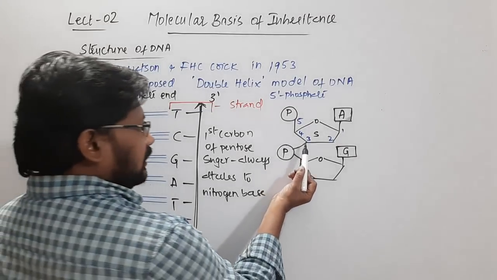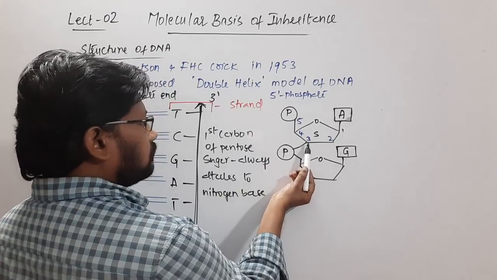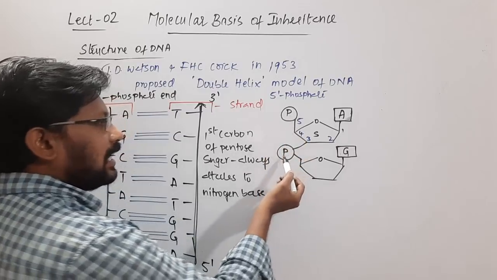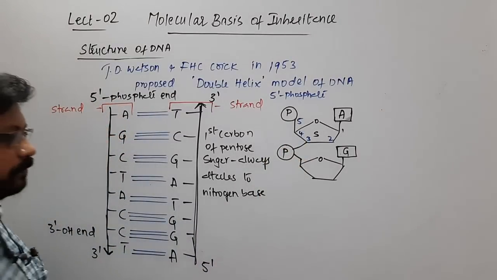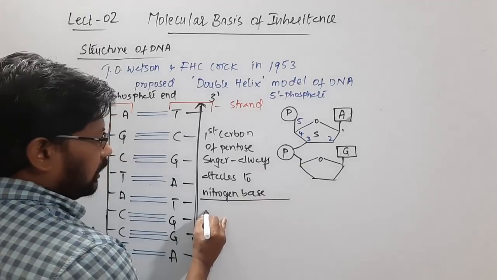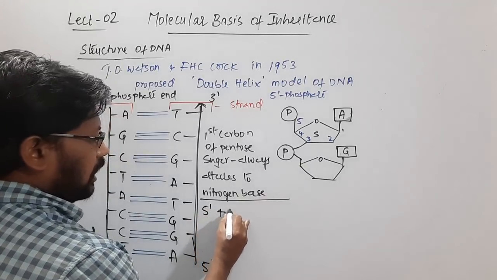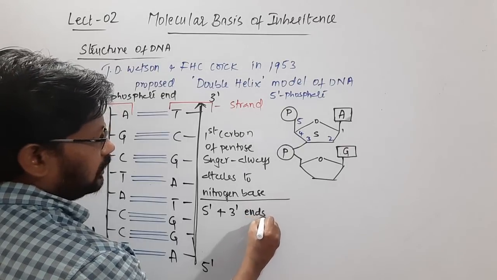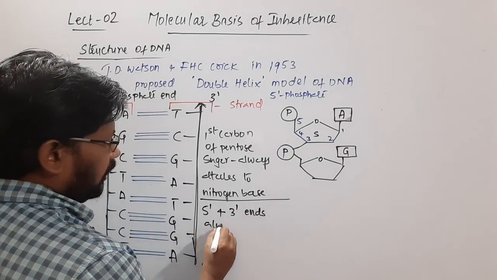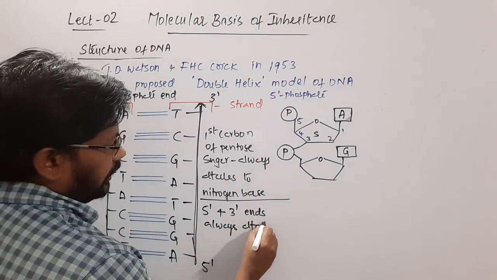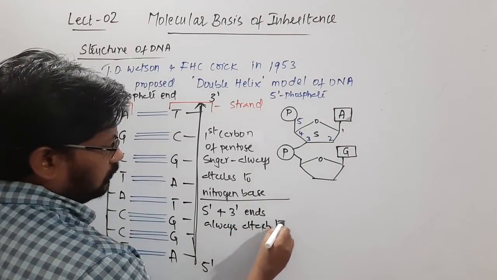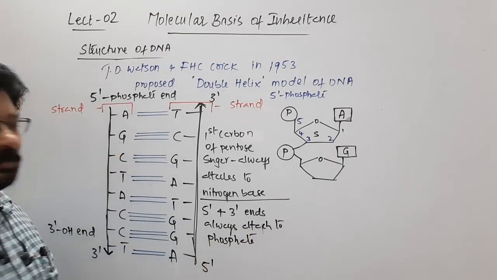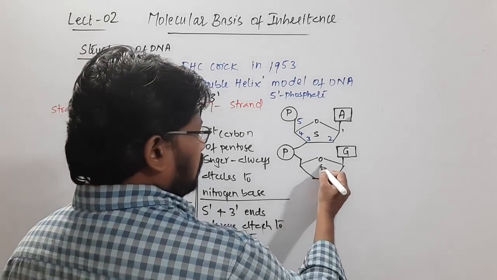So the 3 dash end of one pentose sugar and the 5 dash end of another always attach to the phosphate group. The next point is that the 5 dash and 3 dash ends always attach to phosphate. So this is the pentose sugar.